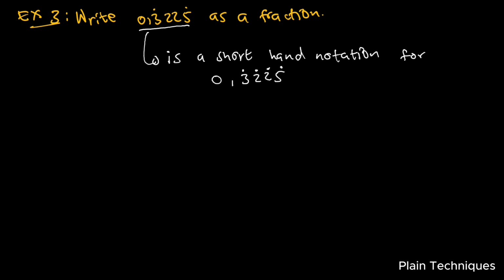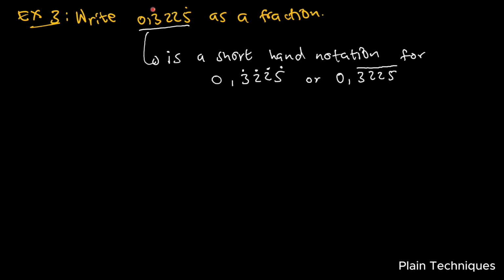So I'm going to put the dots there, or you can say 0 comma 3 2 2 5 and put a line there. You can use a shorthand notation if you have a 3 here, then numbers in between which are repeating, and there is a lot of them.